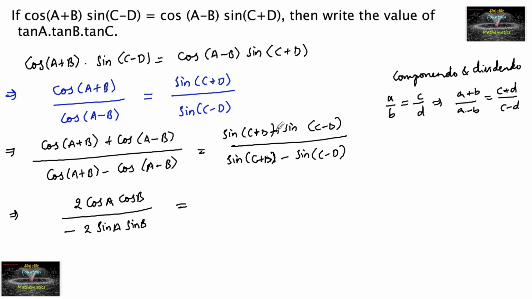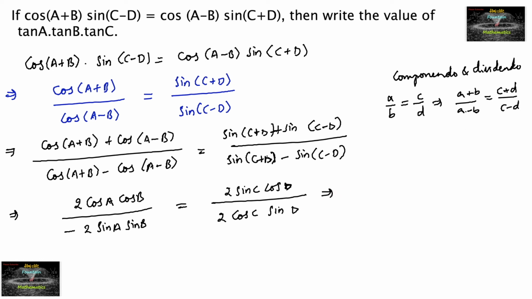So we can use the formula sin(a + b) + sin(a - b) is 2 sin a cos b. So 2 sin c cos d we can write, and again divided by sin(c + d) - sin(c - d), it's nothing but 2 cos c sin d. So we can write 2 cos c and sin d.